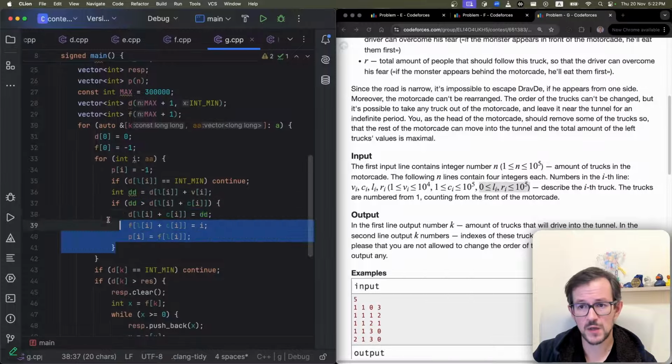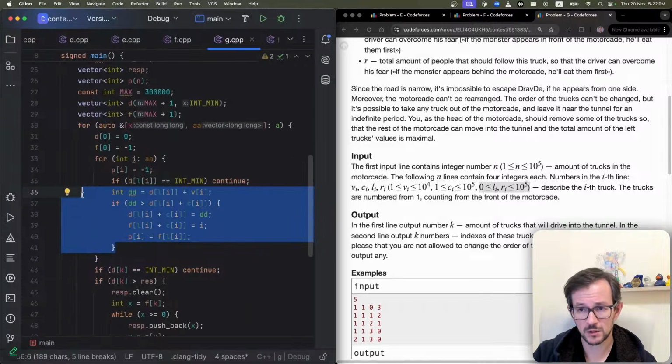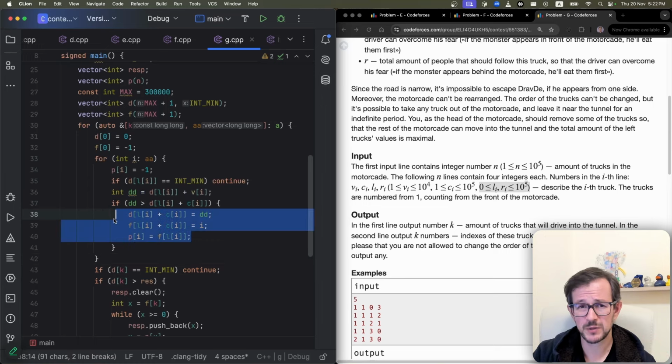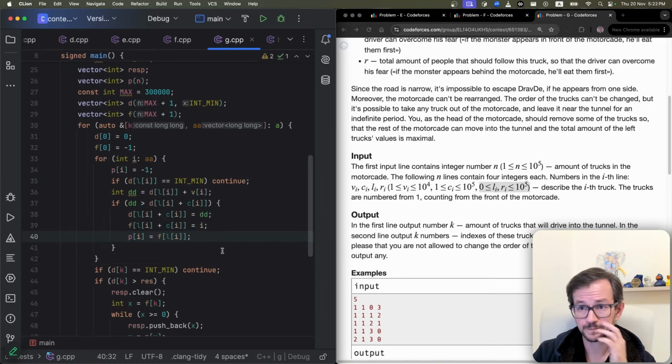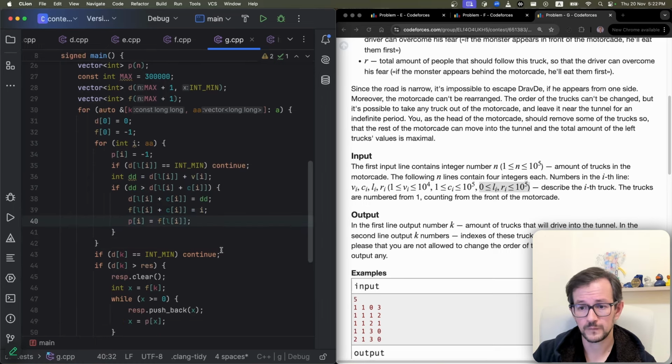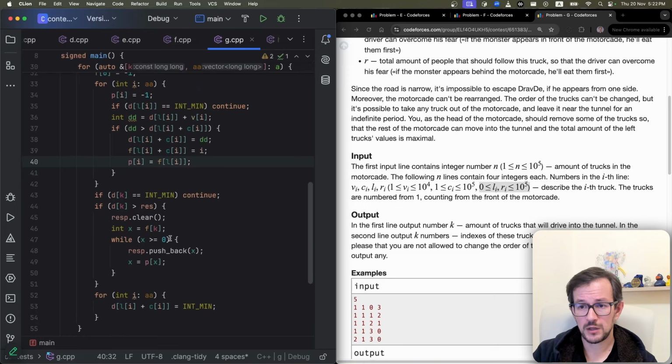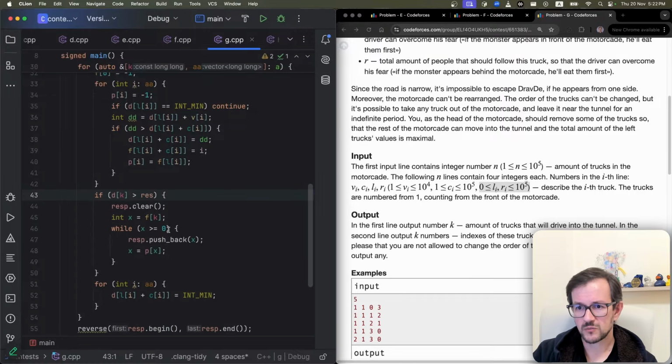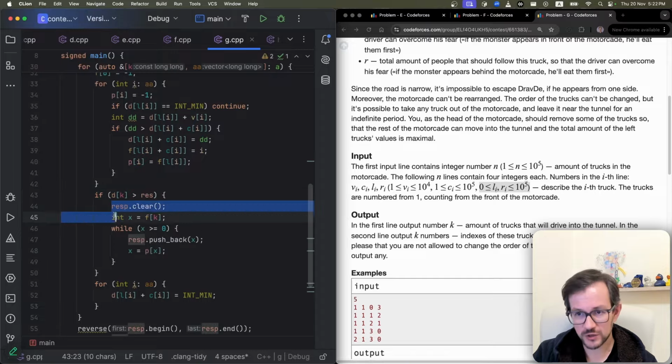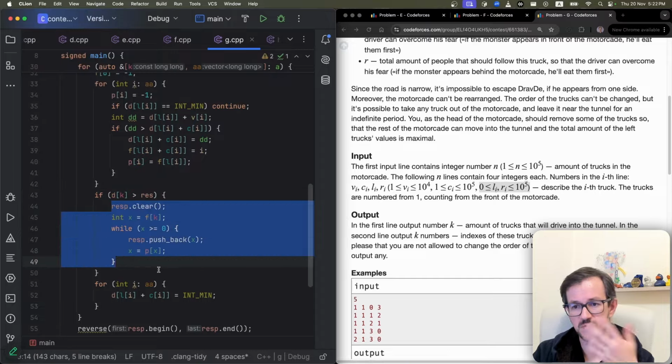So this is one relaxation in dynamic programming with a backwards pointer because we need to restore the answer. In the end, if my answer is better, I will restore the answer using this backwards pointer.